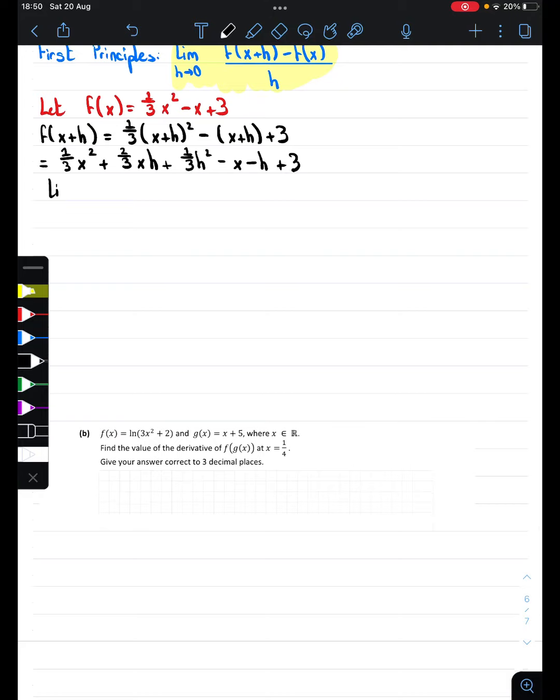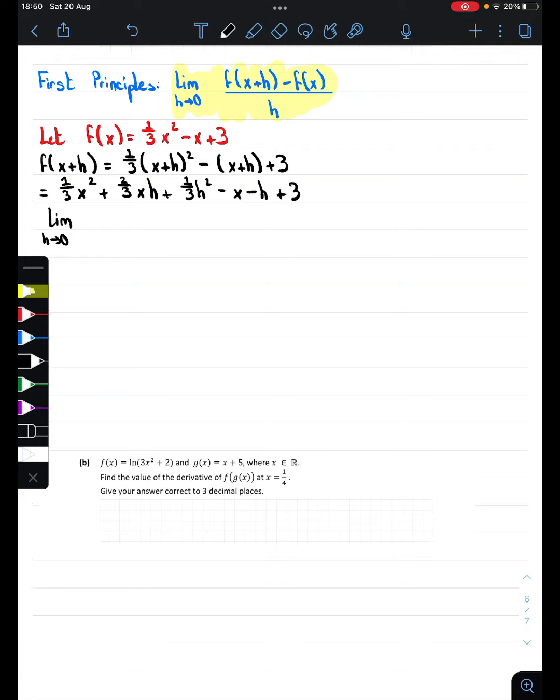So the limit as h goes to 0 of f of x plus h, which is just 1/3 x squared plus 2/3 xh plus 1/3 h squared minus x minus h plus 3, minus f of x, which is just 1/3 x squared minus x plus 3, all over h.